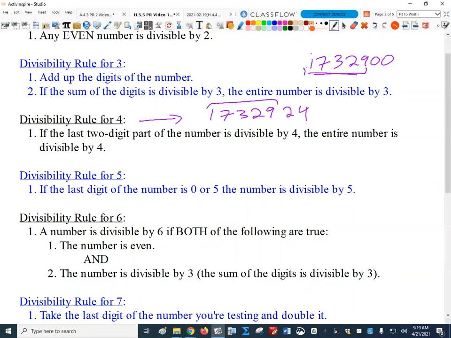All you have to consider are the last two digits. If 4 divides evenly into the last two digits, it divides evenly into the entire number.